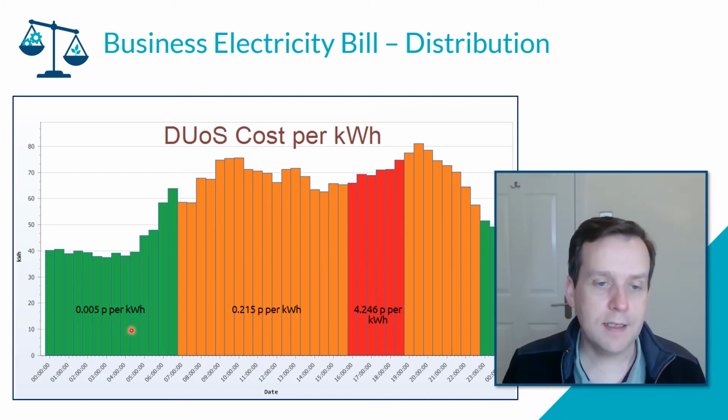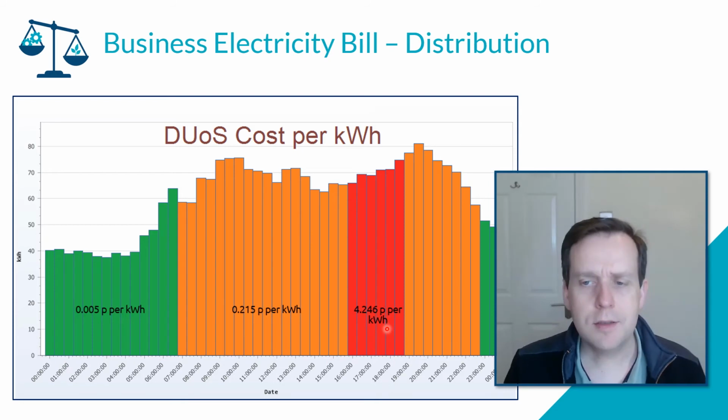What you find is that it's broken down into red, amber and green charges. Our red charges, in this example, are between 4 and 7 p.m. It does vary region to region, not by much, but London might have the more significant differences.